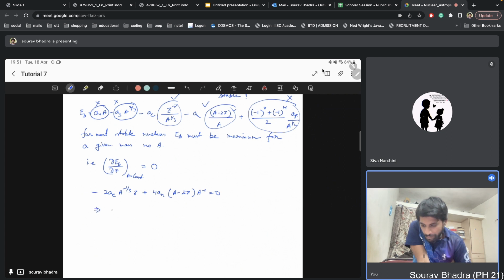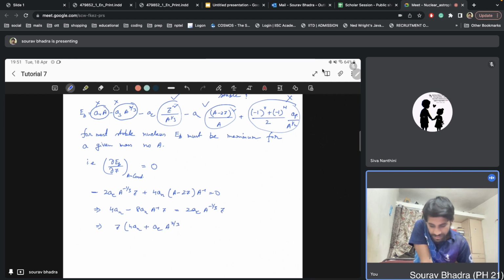Now it gives 4AN minus 8AN A inverse Z equals 2AC A to the power 1/3 Z, which rearranges to Z times (4AN plus AC A to the power 2/3). It is just algebraic calculation, you can do it, but the result is interesting.